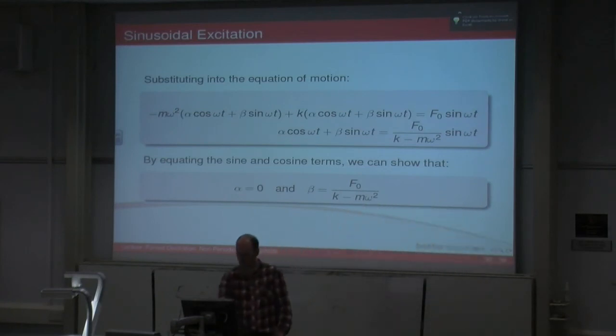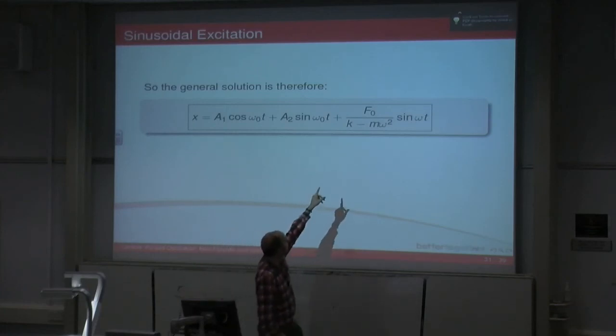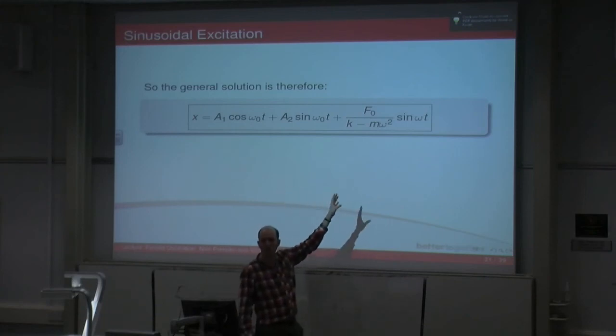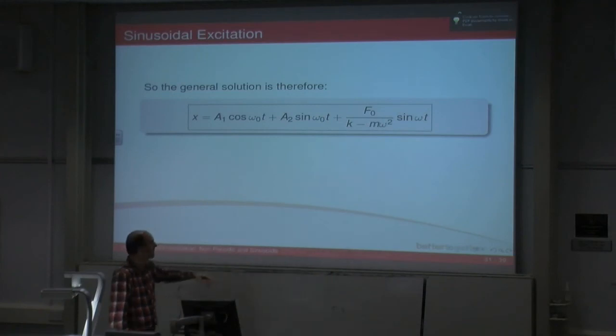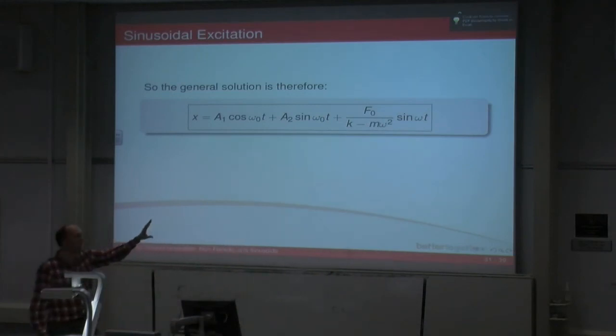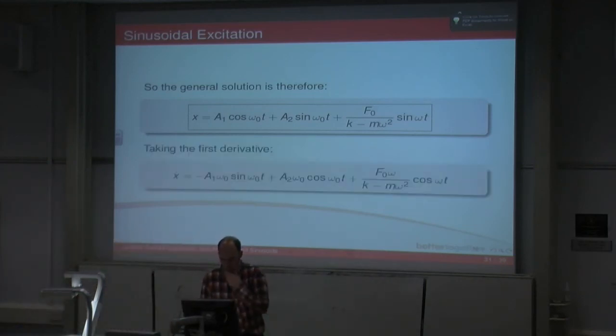And so that solution for x_p is F naught upon k minus m omega squared times sine omega t. And like I said, that's what we had back in chapter 2. I think in chapter 2 we used cosine omega t as our forcing function, but it's exactly the same. But this time we've got that complementary function stuff to start with as well. And we'll apply initial conditions to find A1 and A2.